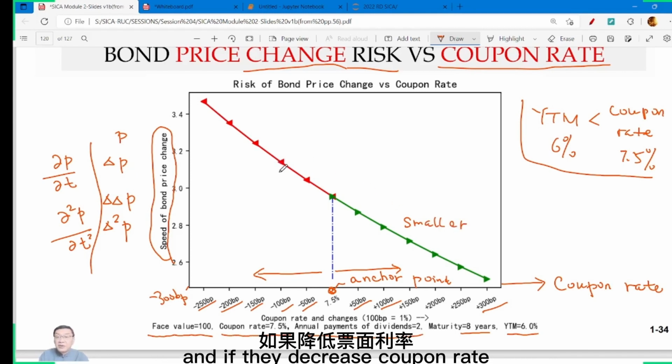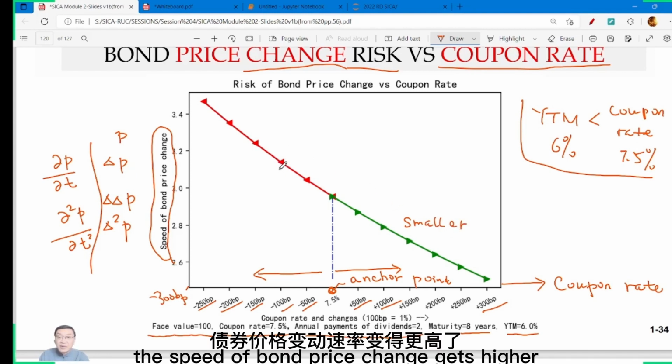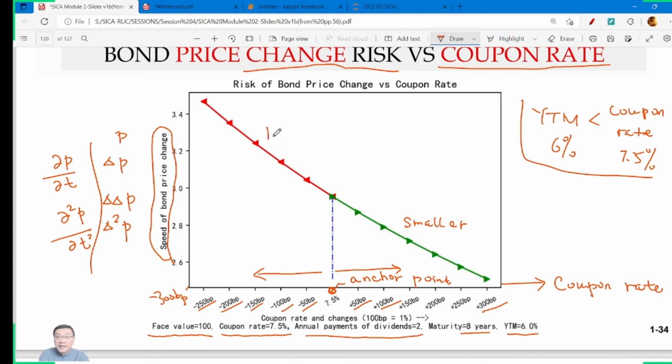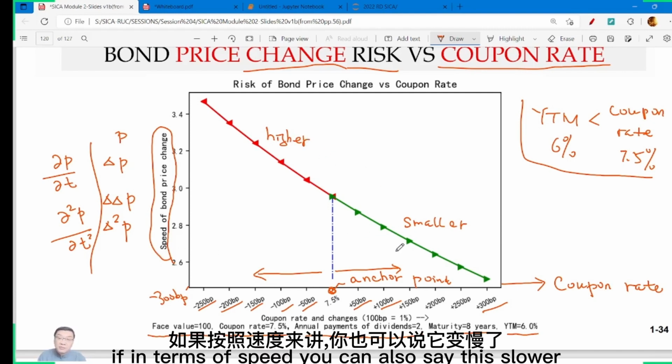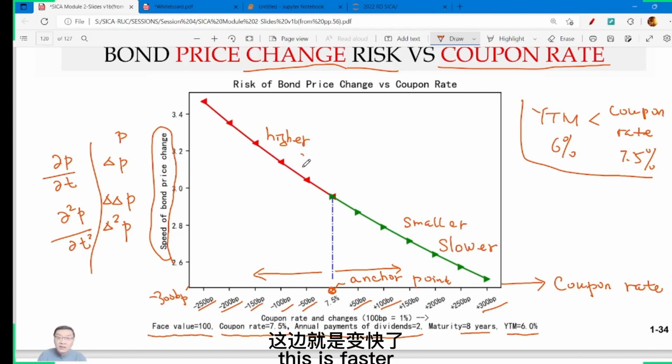And if we decrease coupon rate, the speed of bond price change gets higher. In terms of speed, this is slower, and this is faster.